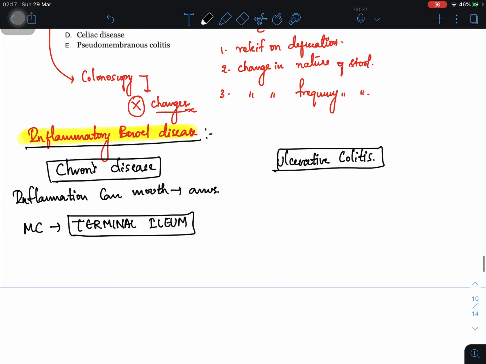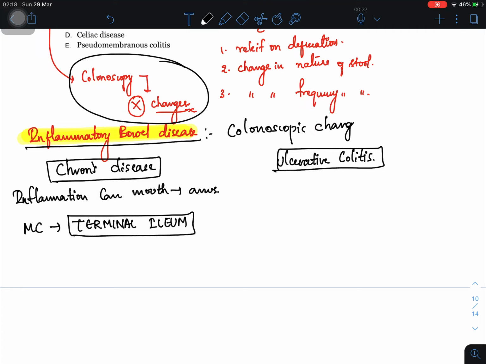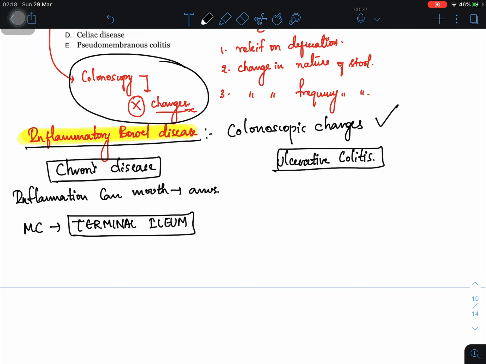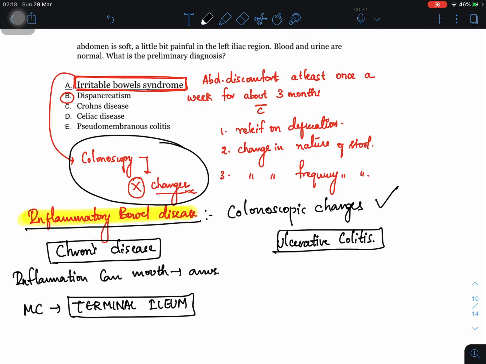One thing you are sure of: in irritable bowel syndrome there are no colonoscopic changes, but in inflammatory bowel disease colonoscopic changes are present. This is the most important difference between irritable bowel syndrome and inflammatory bowel disease.